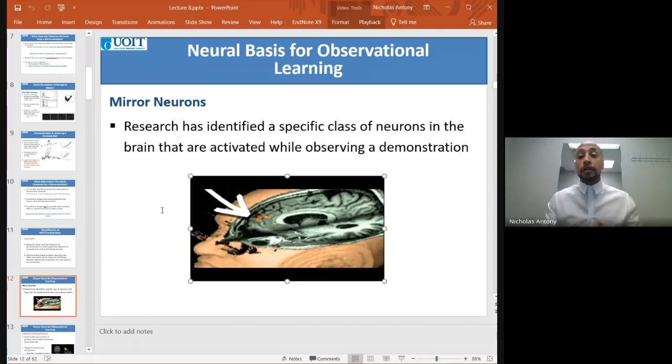So the premotor area that does your core activation before doing voluntary control of your body, that's the area that registers the demonstration. And the way that they figured that out was they had a monkey, and they were looking at what areas of the brain were activated when it was trying to reach for food.